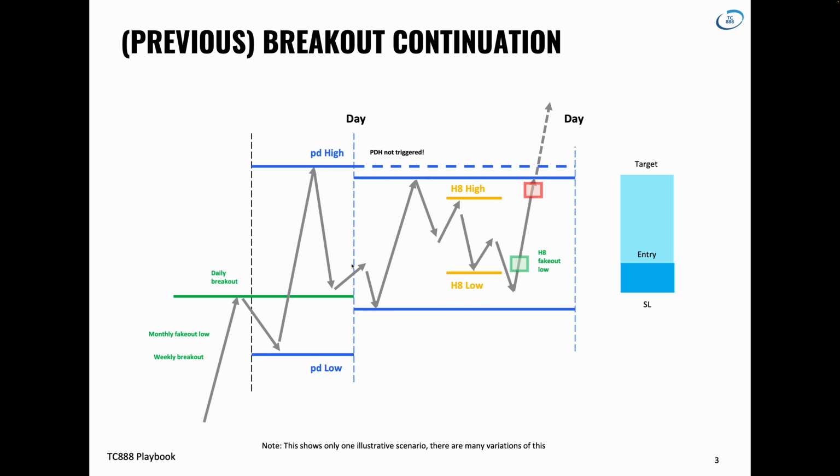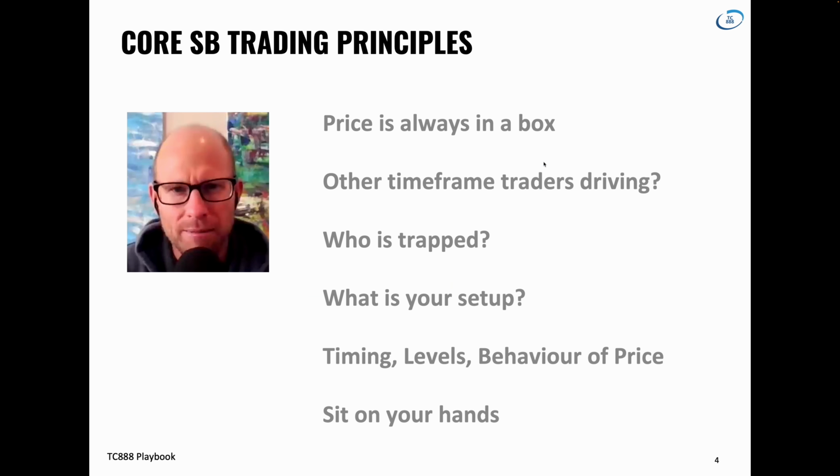As soon as you are out here trading, pulling back down, no one is trapped yet. So you want to wait for the trap, and the trap then typically happens here: 8-hour fake out low into New York, dump and pump template on the day, trapping shorts, and then going all the way back to the high of the day.